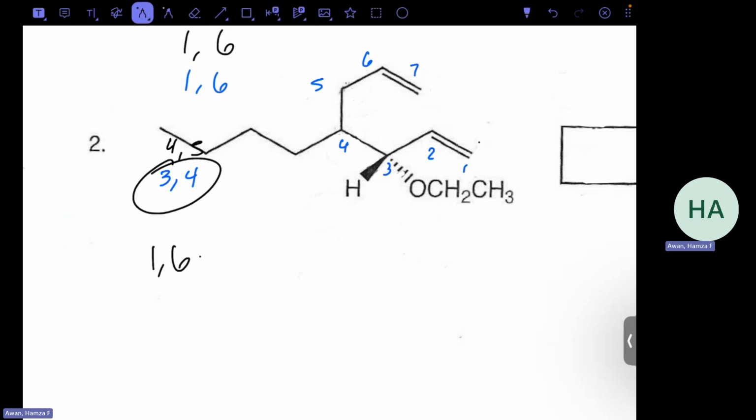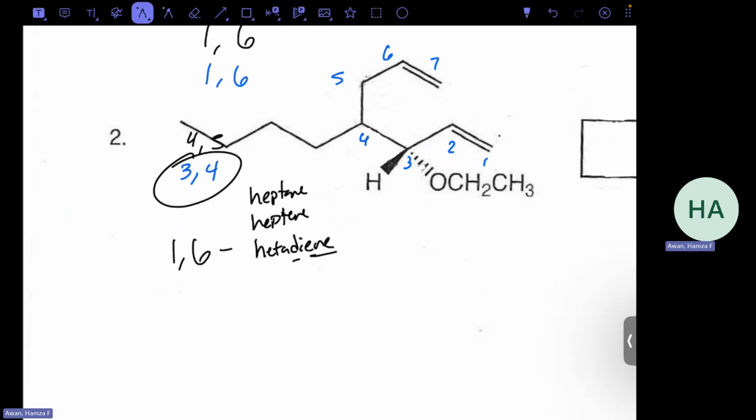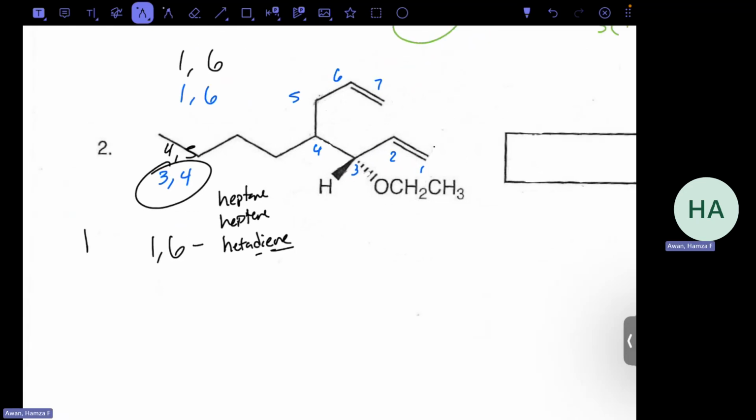And since we have 2 double bonds, that becomes a diene, right? So I'll just try to write that out. Heptane to heptene to heptadiene, right? Because we have 2 enes. We have 2 of them. That's why you add the di in between. And so this is going to be our parent, right?